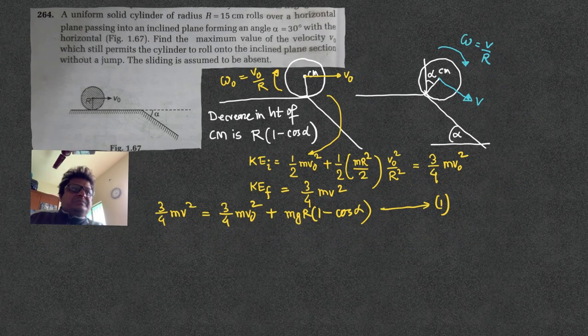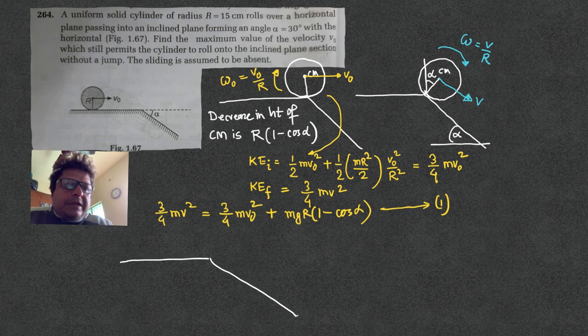Now next stage, it is needed that, see what is given in the problem, find the maximum value of v naught, okay, which permits the cylinder to roll on to the inclined plane section without a jump. Without a jump means here, when just after it enters the incline, then let us look at the motion of its center of mass.